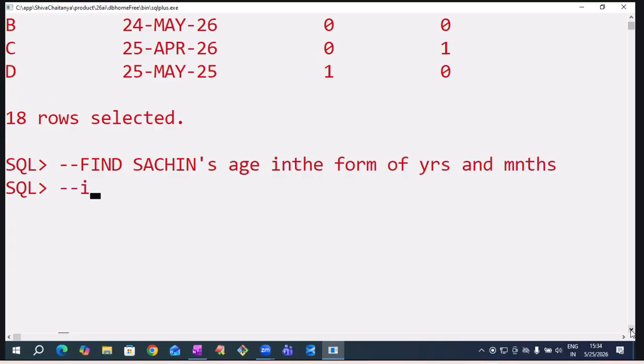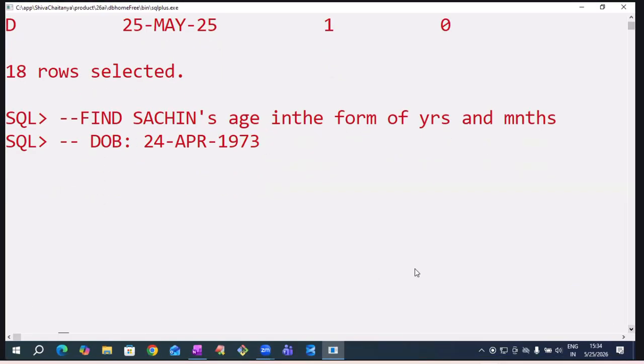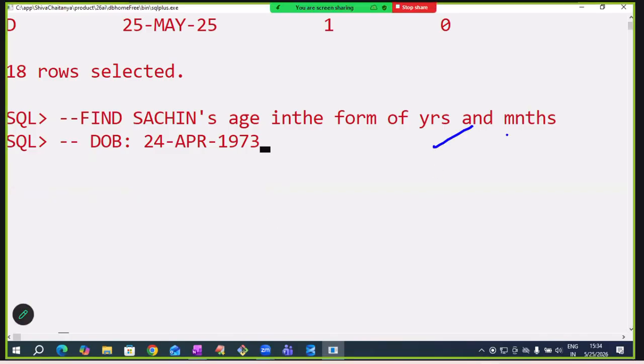Sachin's date of birth is 24 April 1973. So they are giving one celebrity's date of birth. Find his age. Try this one. Find your age in the form of years and months using months between.